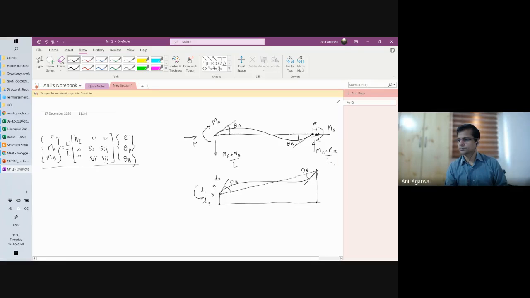Correct? Similarly, you would have D4, D5, and D6. Okay, I'll just erase theta and theta before I write. That is drawn anywhere up there.